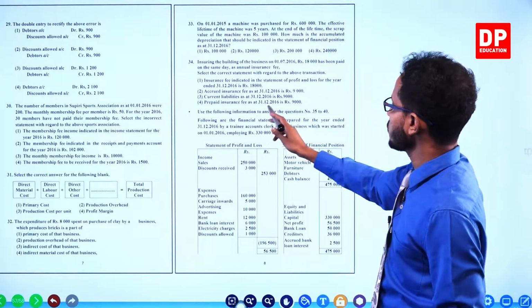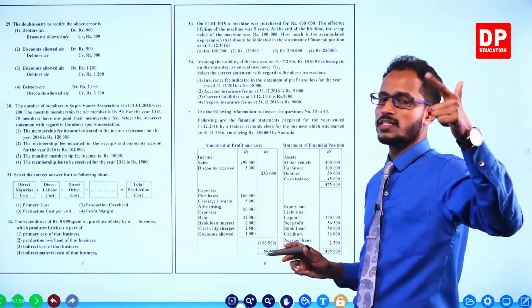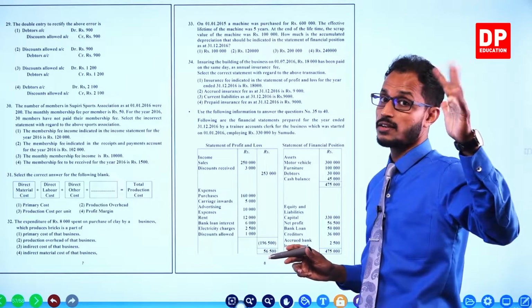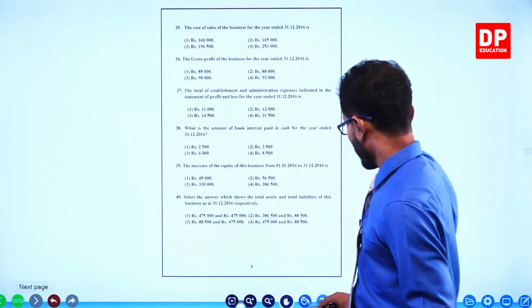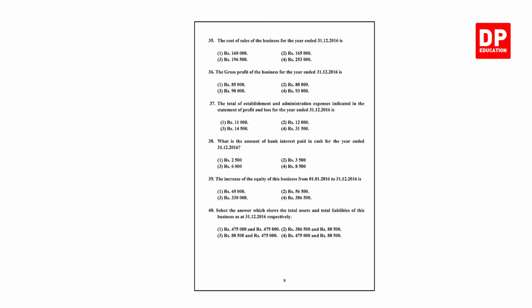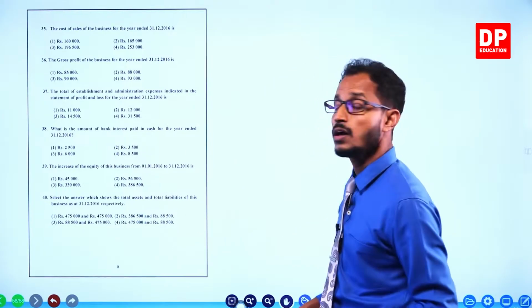Use the following information to answer questions 35 to 40. See, cost of sales, gross profit, total of expenses, and so on.